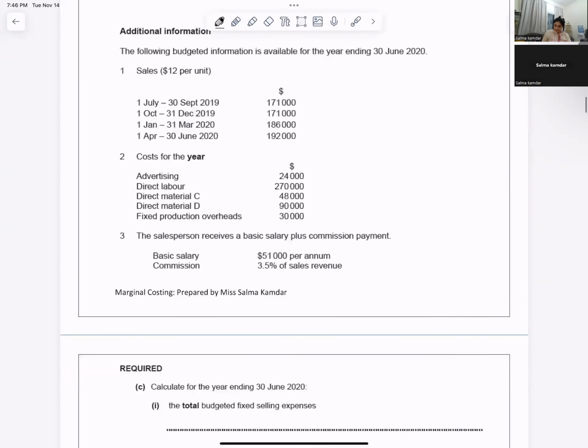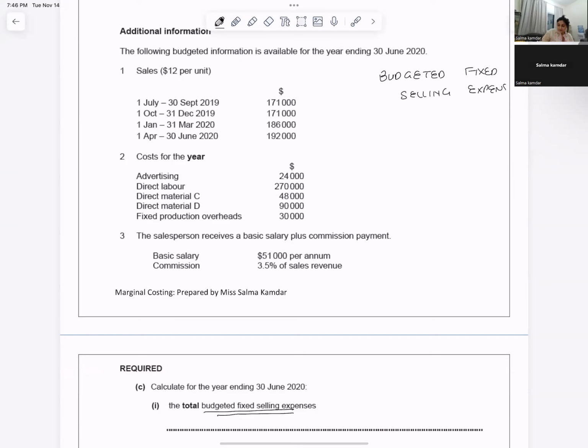Now I have a question over here, and they want us to calculate budgeted fixed selling expenses. So the first thing that I have to calculate is budgeted fixed selling expense.